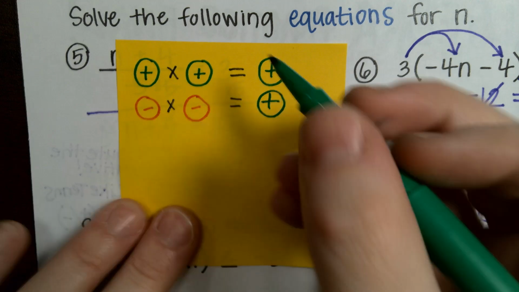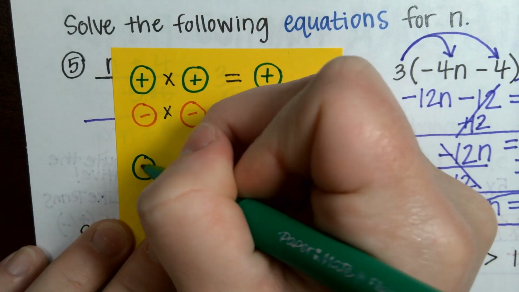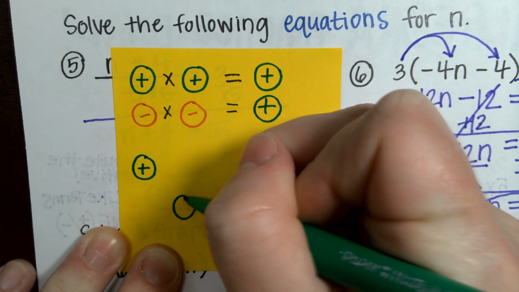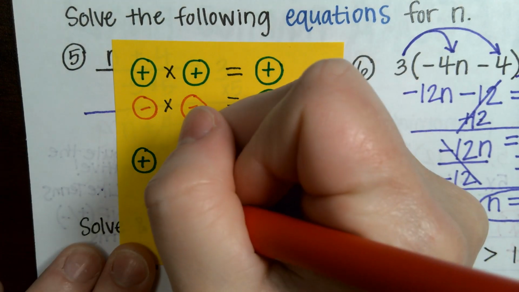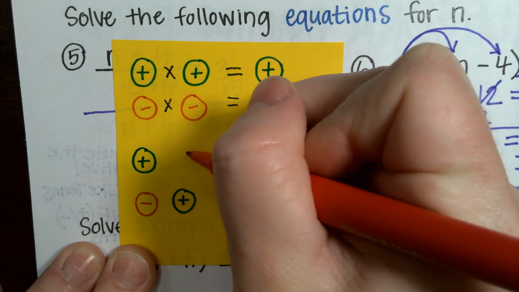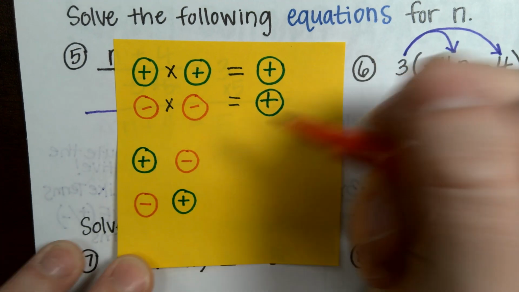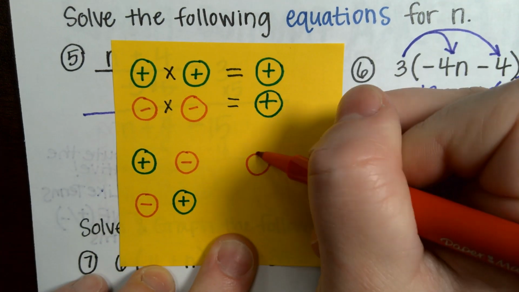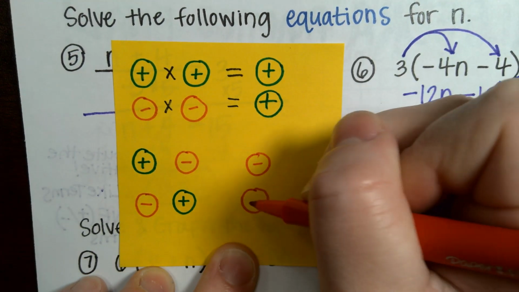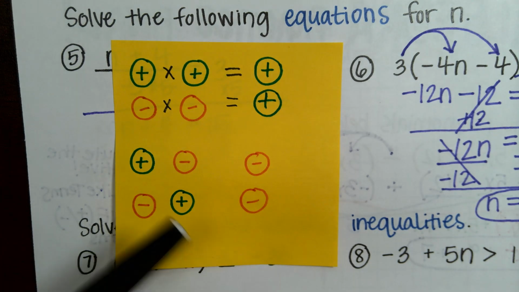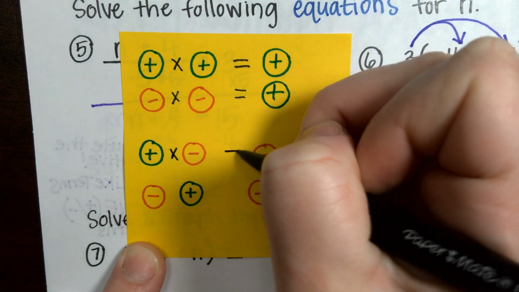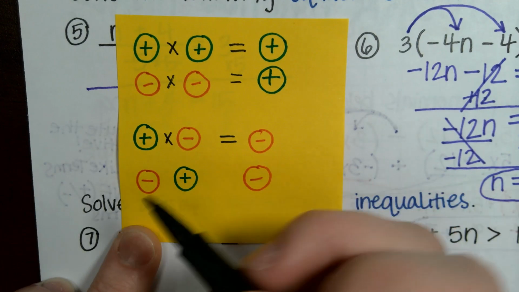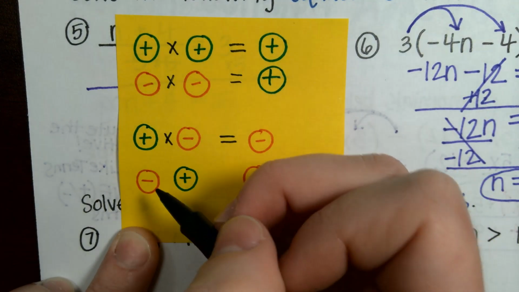The only way we'll get a negative answer is like this. There's two scenarios in which you'll get a negative answer. That is only going to be if we multiply a positive by a negative. That's going to give you a negative. Or a negative times a positive.